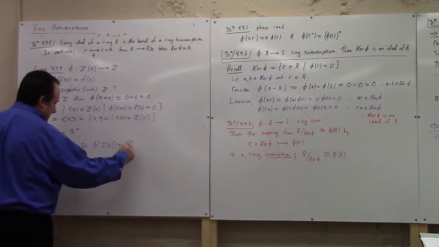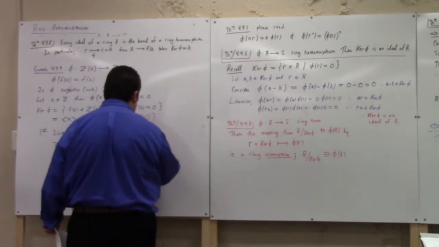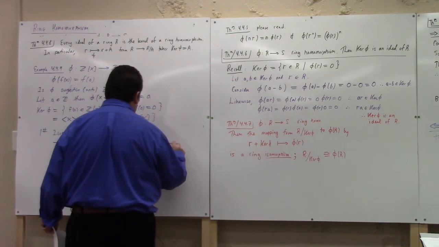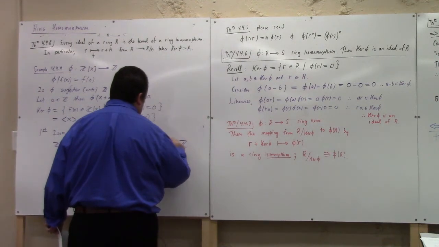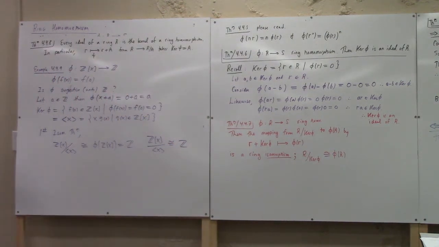So this is Z. So we have the kind of neat result that if you take polynomials over Z and you quotient by the ideal generated by x, you get back, up to isomorphism, Z again, which squares well with our intuition that when you look at the factor ring generated by x, what you're doing is you're making x equal to 0. So multiples of x are equal to 0, right?